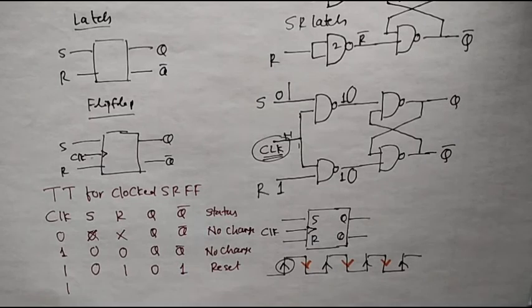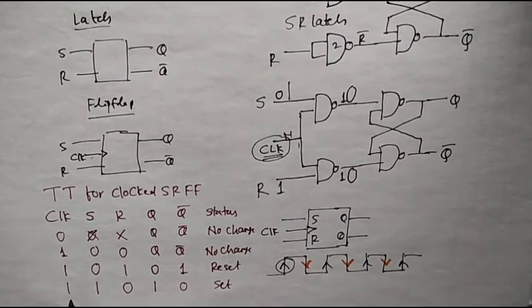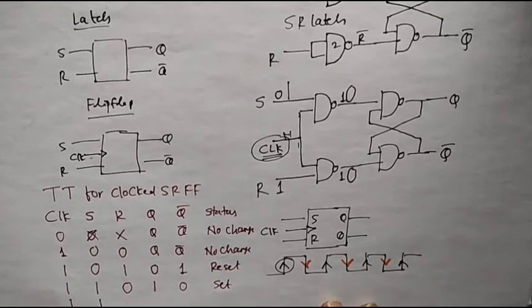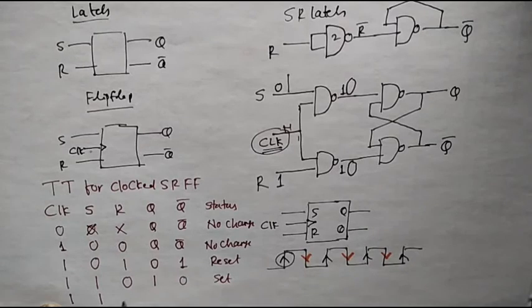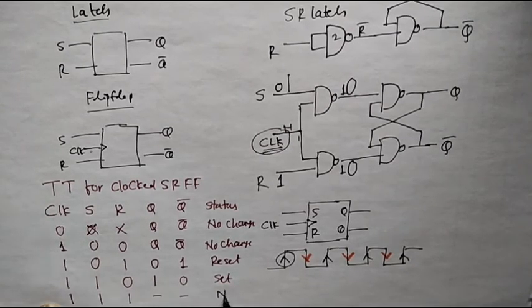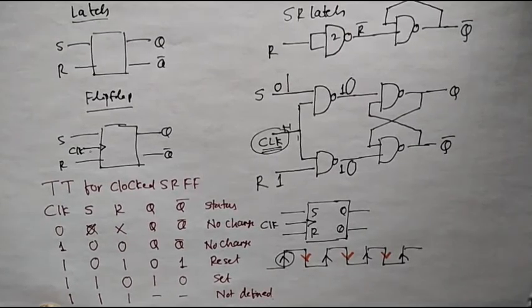Similarly, when clock signal is 1, S is 1 and R is 0, the flip-flop is said to be set. When both the inputs are 1, 1, the flip-flop is not defined, or it is called indeterminate state.